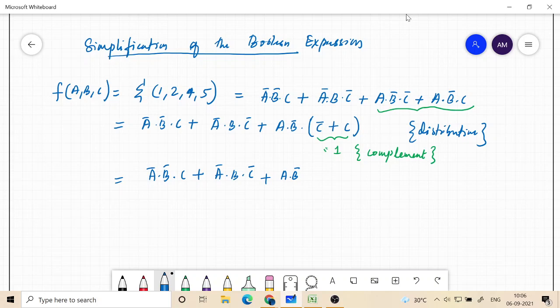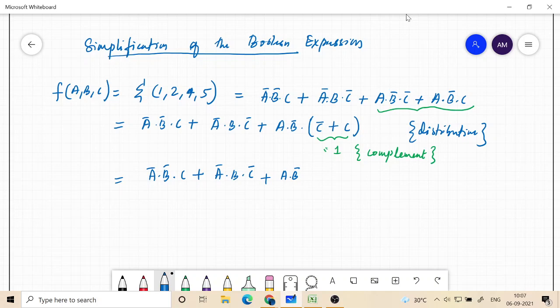Now this also requires only two levels for implementing this. We only require two levels. One is creating the product, but now you see that the product term is smaller. It has only two variables, so the number of inputs required by the gate is now reduced. So in a way, this is a more effective implementation, because it requires lesser hardware in terms of the number of inputs needed for creating the product terms.